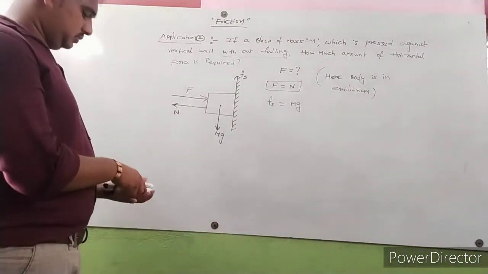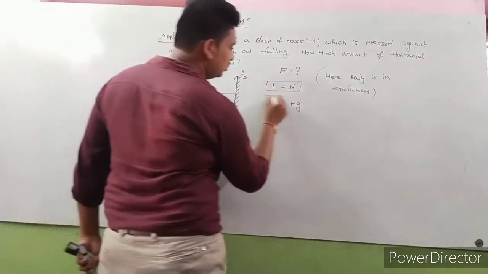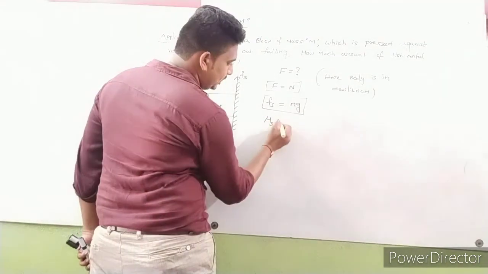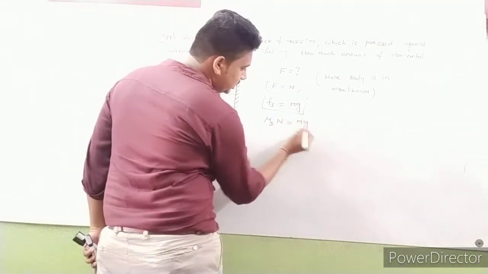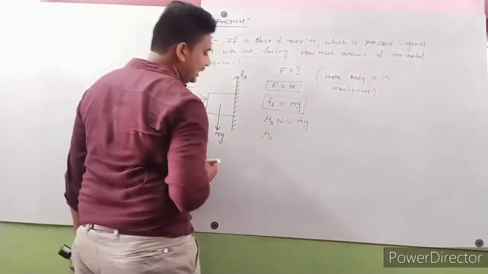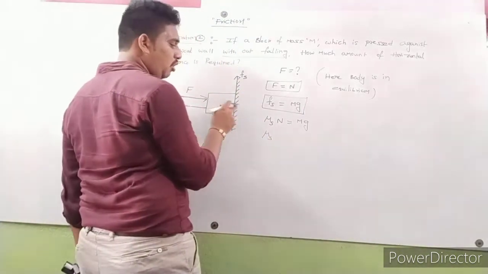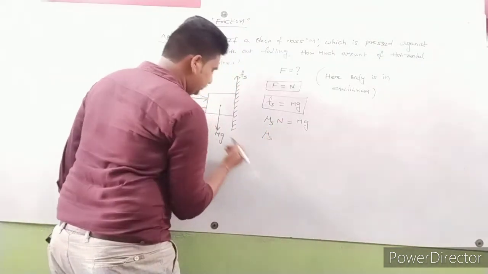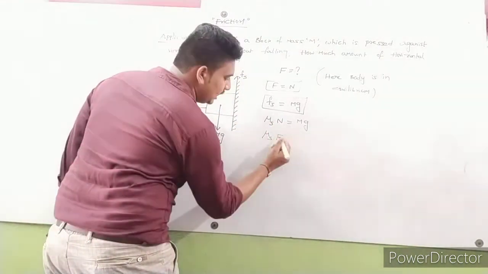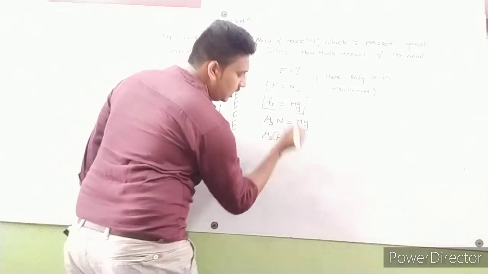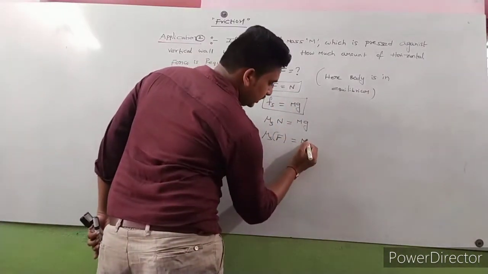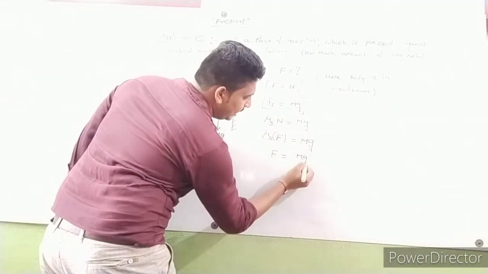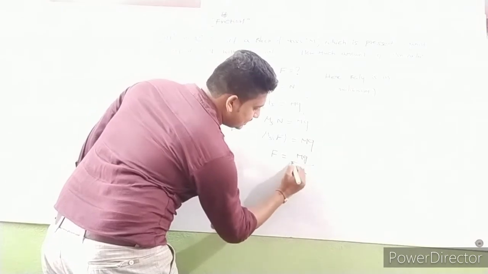So now Fs is equal to mg. Fs means mu s into N is equal to mg. Here mu s means static friction between the block and the surface. N, as you already know, is F. So mu s into F is equal to mg. From this, the horizontal force F is equal to mg by mu s.